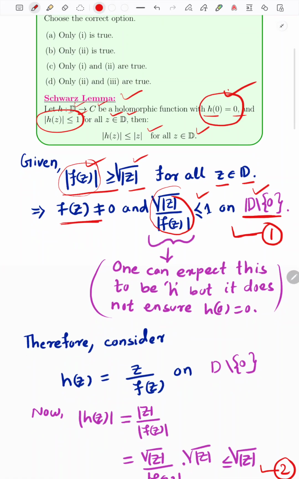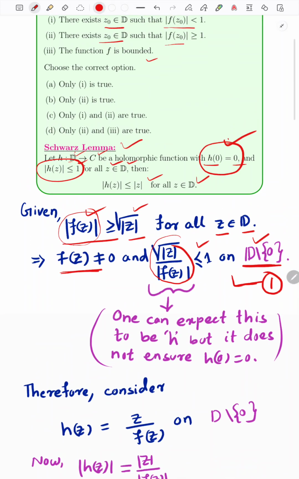Looking at this expression, this function satisfies that its modulus is less than or equal to 1, which is one of the requirements of the Schwarz lemma. But it does not guarantee that h(0) = 0; at the point 0 this quantity can be non-zero.